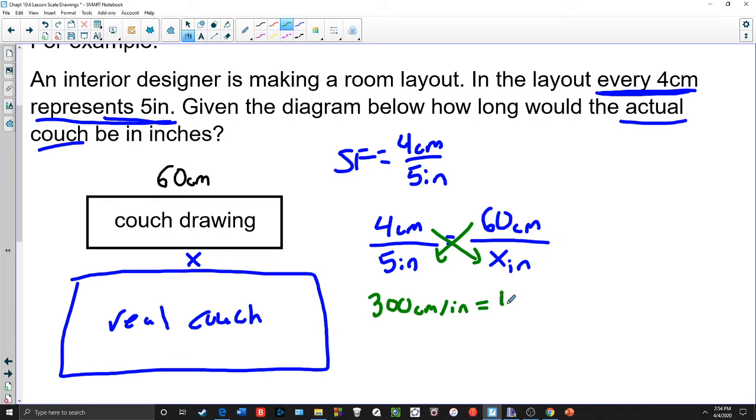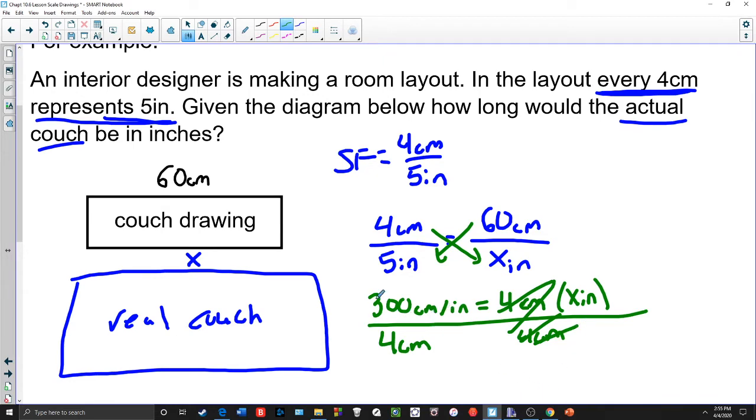So that'd be 4 centimeters times x inches. So what I'm going to do now is divide everything by 4 centimeters, right? Because that's how I get rid of 4 times something, I divide it. And again, I'm keeping the labels in here to show you something. So divide by that. So 4 centimeters and 4 centimeters, that goes away.